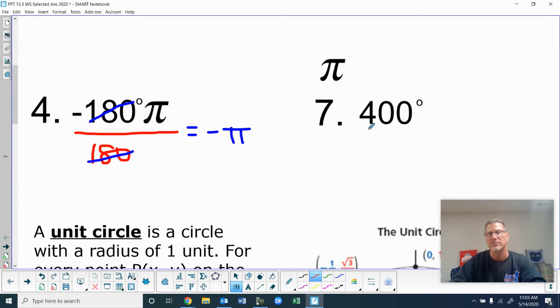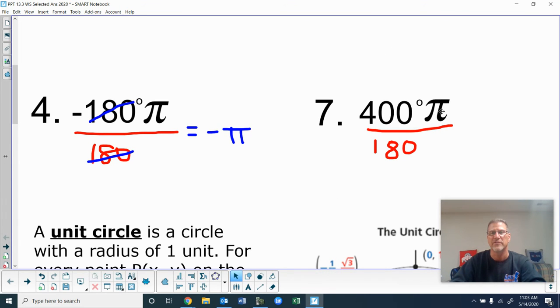We're going to do the same thing for number 7. Again, degrees to radians. So we're going to divide by 180 and put pi in the numerator. So I just had some pi's ready to go there. Both numbers here end in 0, so I'm just going to cancel them.